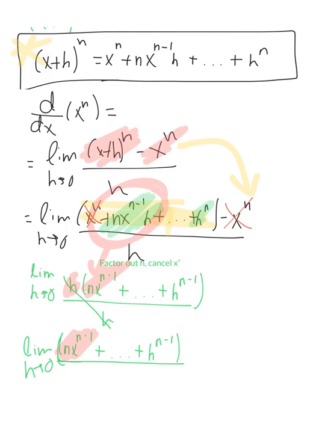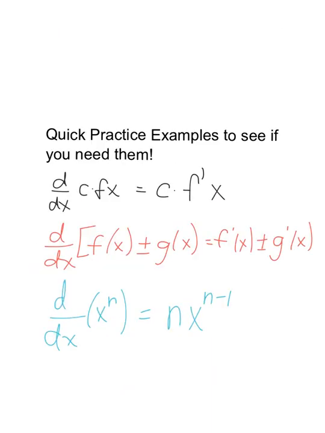The terms in the middle had h to the 2nd, h to the 3rd, h to the 4th, h to the 5th, and so on and so forth, until h to the n. So all the terms that are left will have a multiple of h. And if h is going to 0, all those things will also go to 0, so we are simply left with that one term that doesn't have an h in it anymore. So we have proved the power rule.